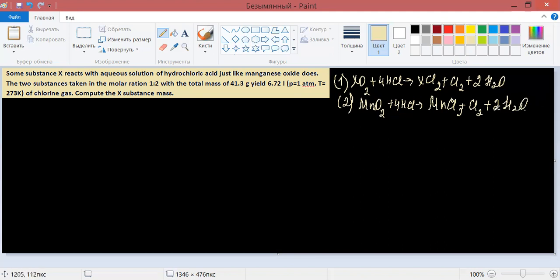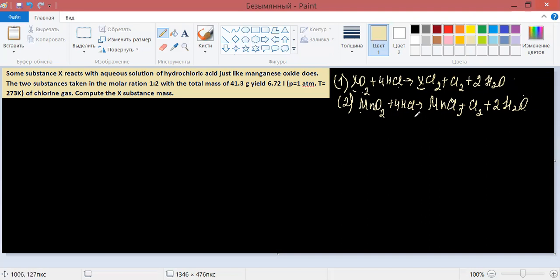We can write these schemes of the reactions like this because the problem says that this substance reacts with the aqueous acid solution the same as manganese oxide does. That's why these two are nearly identical. The only difference is in the composition of chlorides.